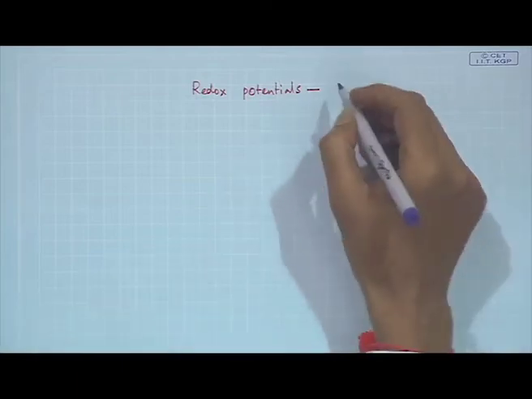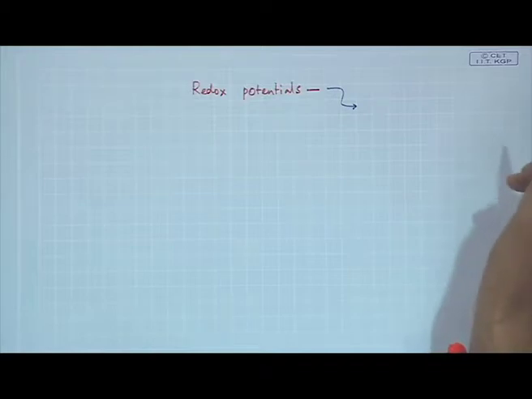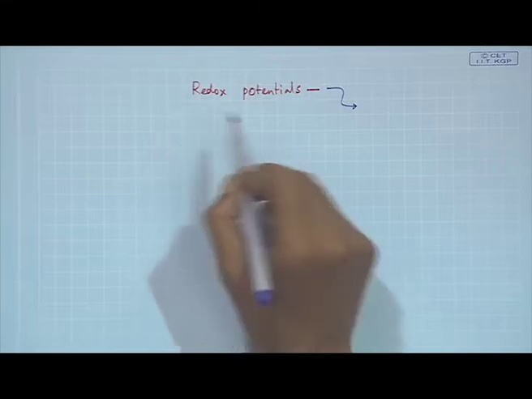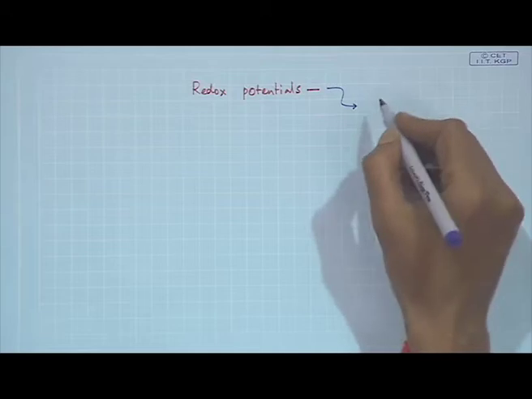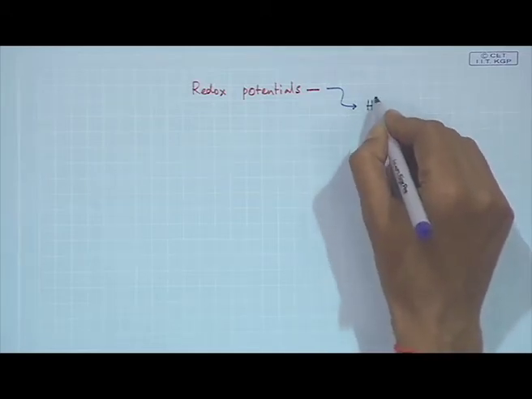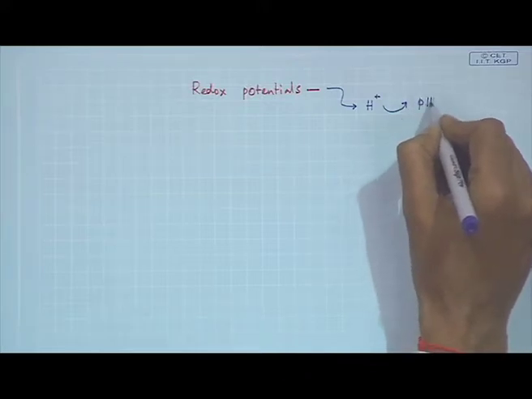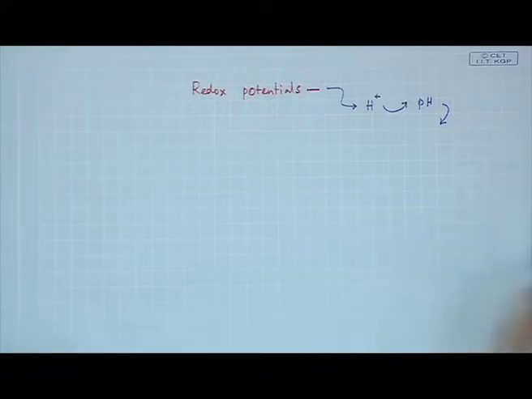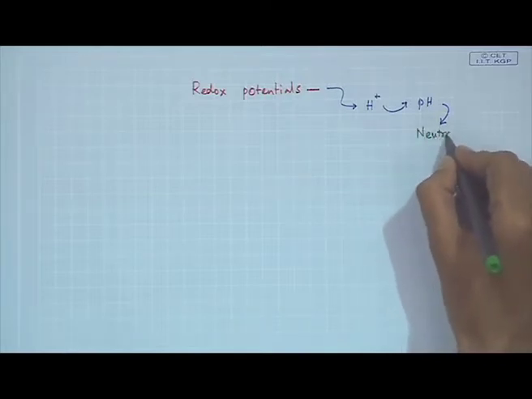And interestingly, we were able to correlate the measurement of these redox potentials in terms of combining two half cells, and the cell potential has also been utilized to monitor the change in hydrogen ion concentration in terms of its pH, and we have utilized that particular measurement of pH in potentiometric titrations for any kind of neutralization reactions.